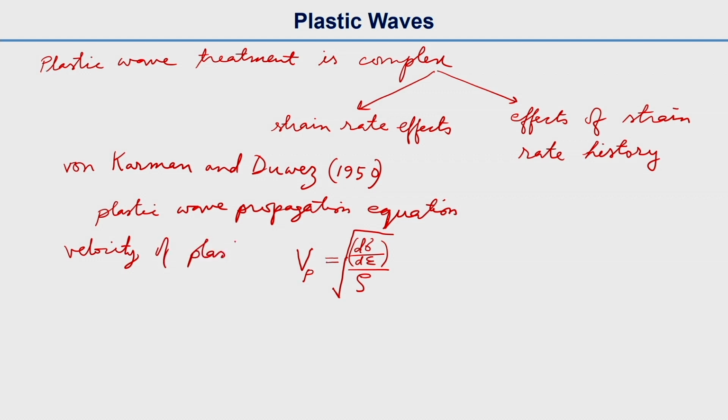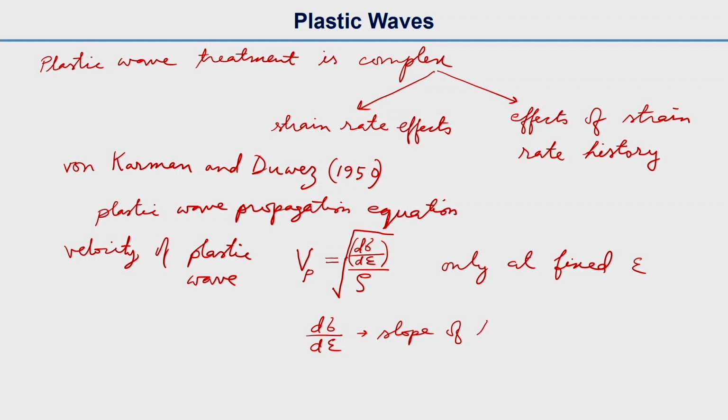The velocity of plastic wave is defined only at a fixed strain epsilon, because d sigma by d epsilon is the slope of the plastic region of the stress strain curve, and the slope we define only at a fixed strain.